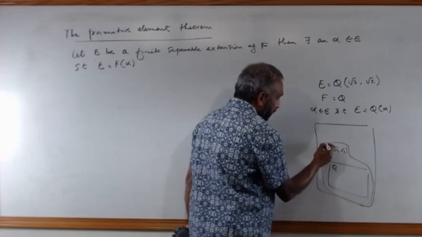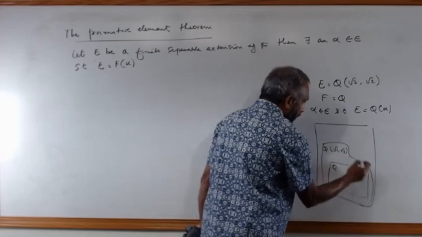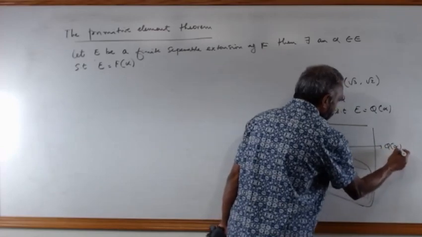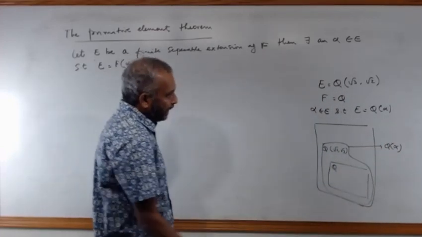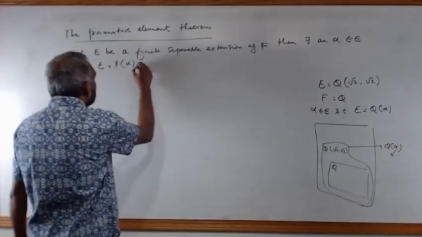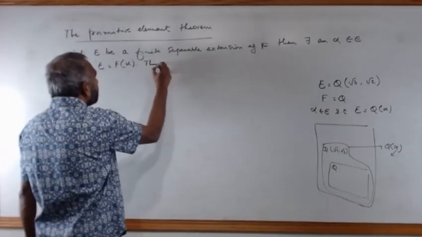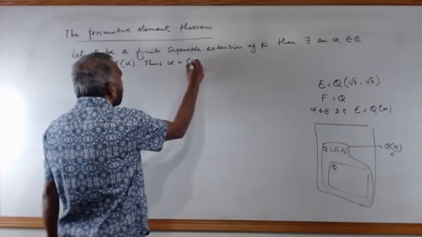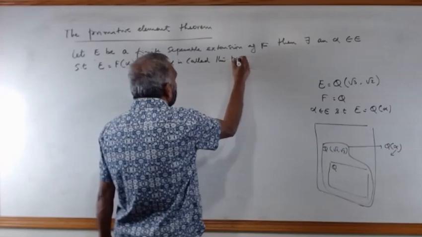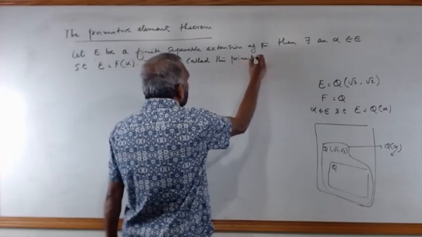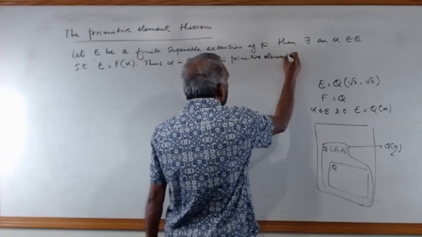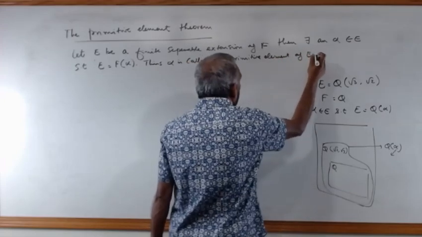Then the same field can be expressed as Q of some alpha. And that alpha is called primitive element. So this alpha is called the primitive element of E.